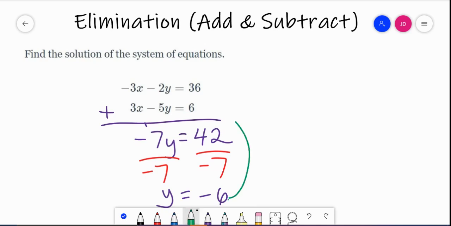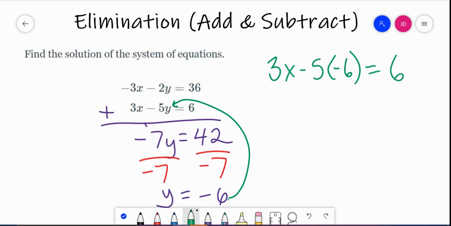So I'm going to sub it back into this equation in for y and then figure out what my x value is. So we have 3x minus 5, and I always put parentheses when I substitute something in. And now I'm going to solve this. Negative 5 and negative 6 is positive 30.